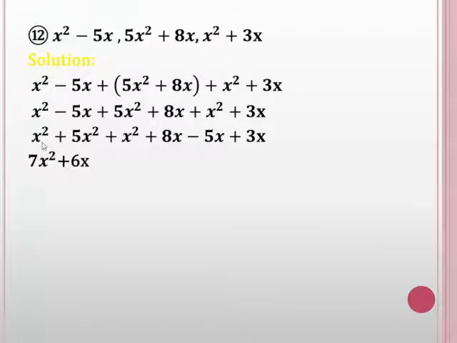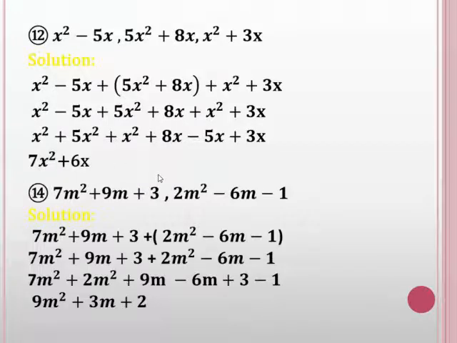So here we have 1 plus 5 is equal to 6, and 6 plus 1 is equal to 7. So 7 is the coefficient, and the variable which is the same in these like terms is x square. Now for this one, 8 minus 5 is equal to 3, and 3 plus 3 is equal to 6. So this term is carrying the x variable, so here we write 6x. Okay, 7x square plus 6x is the final answer.